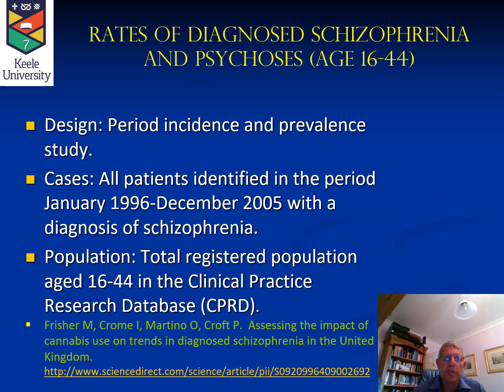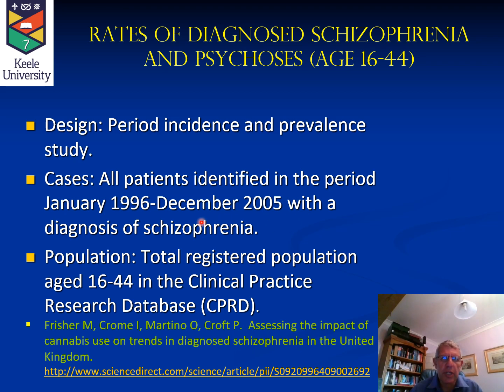So the background to this study that I conducted was an earlier study that suggested three things. First of all, an elevated risk of developing schizophrenia or psychosis among cannabis users. Second of all, a substantial rise in cannabis use from the mid-1970s. And C, an assumed risk lasting for 20 years.